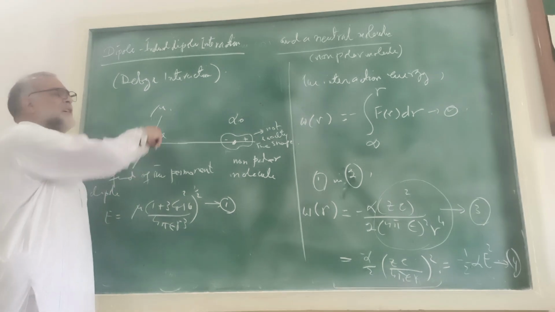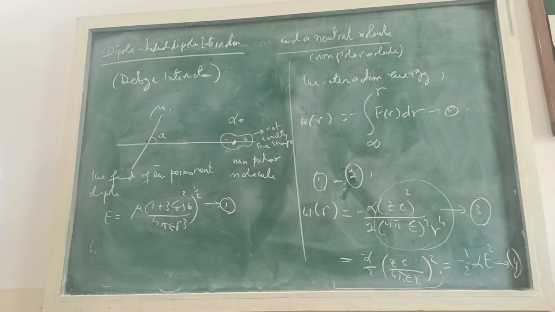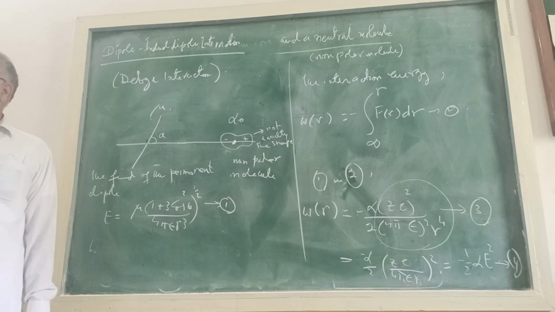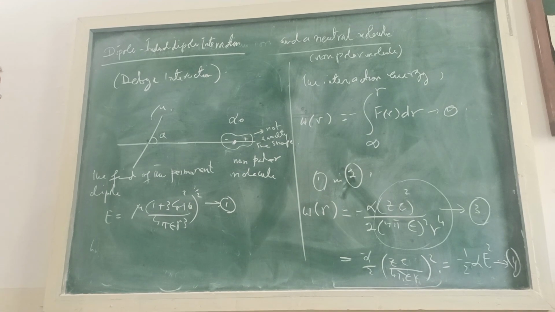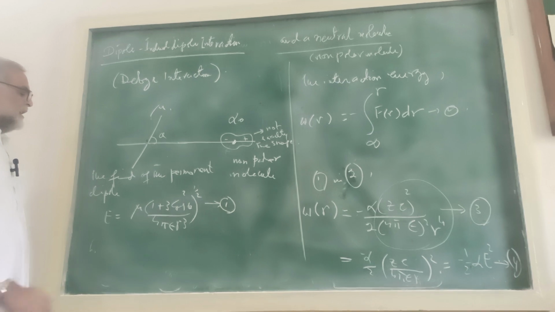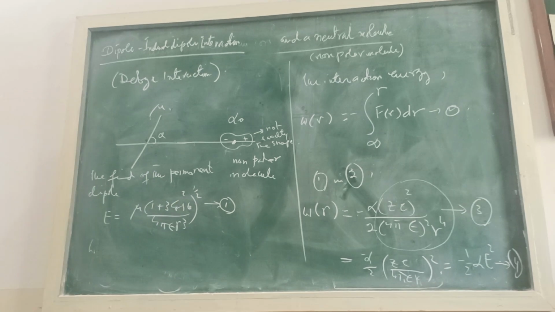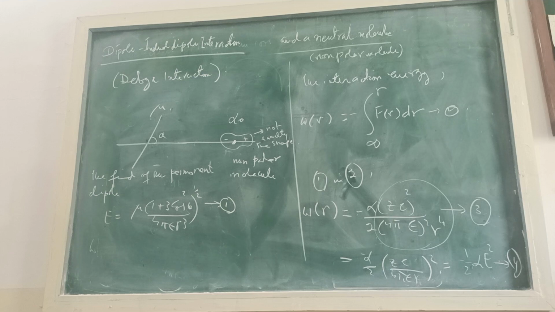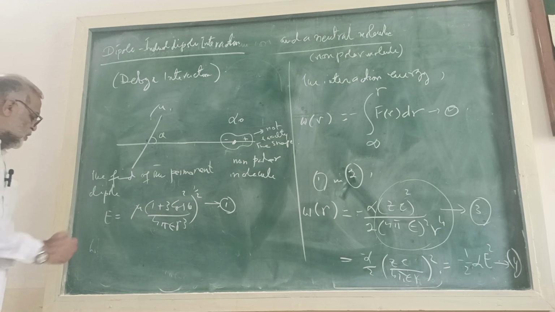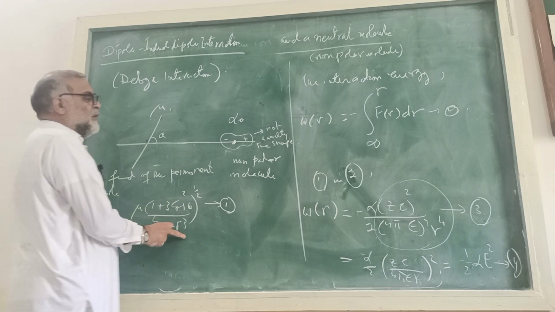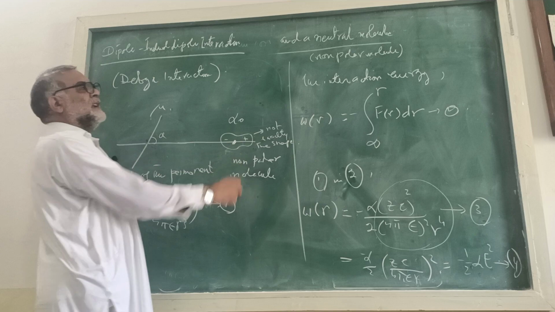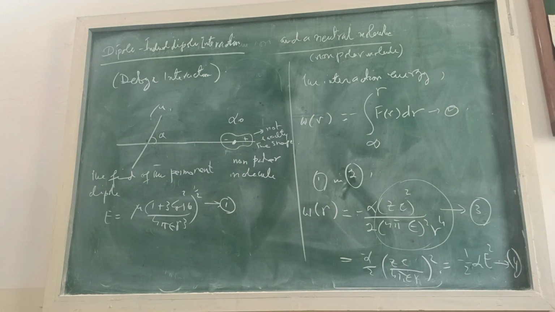Now this electric field will cause polarization in the neutral molecule. This electric field varies as 1 over r cube of the dipole. This field will interact with the non-polar molecule and will induce some polarization in it.